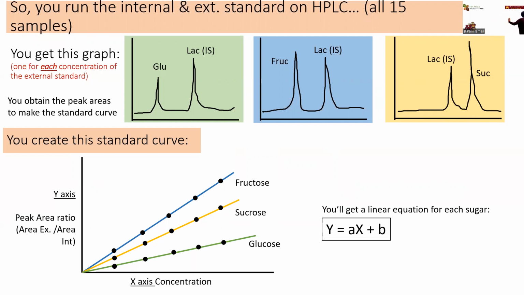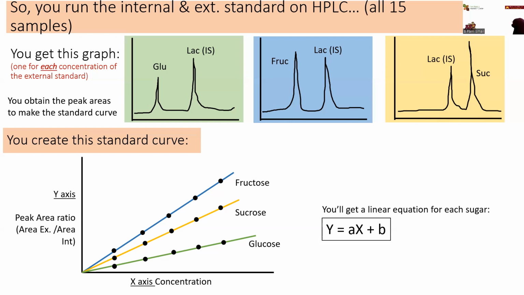You take the peak area of glucose and you take the ratio, you divide it by the area of the lactose. So the peak area ratio is the area of the external standard over the area of the internal standard. So your y-axis, instead of being only the area of your external standard, now corrects for the area of the internal standard.